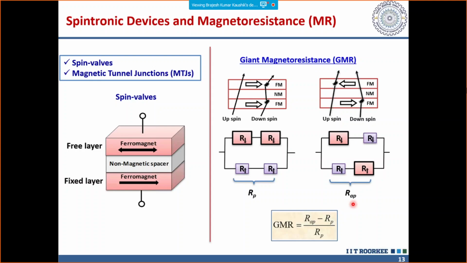And this GMR you will always try to keep as high as possible. Now, this is quite important. Why would we like to keep this GMR as large as possible? The very reason is that you want to distinguish the two states, RP and RAP.